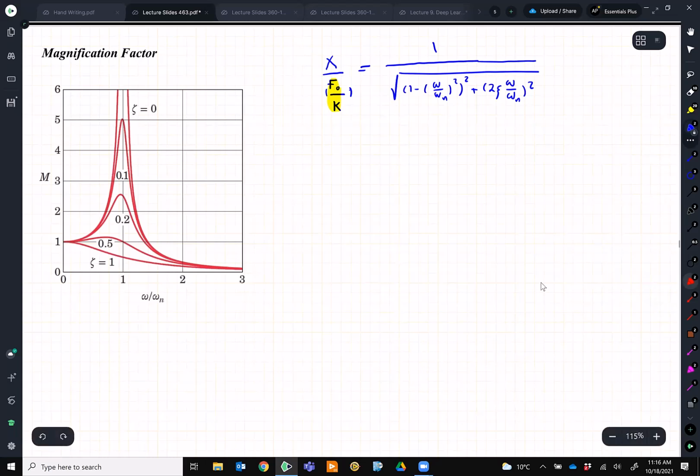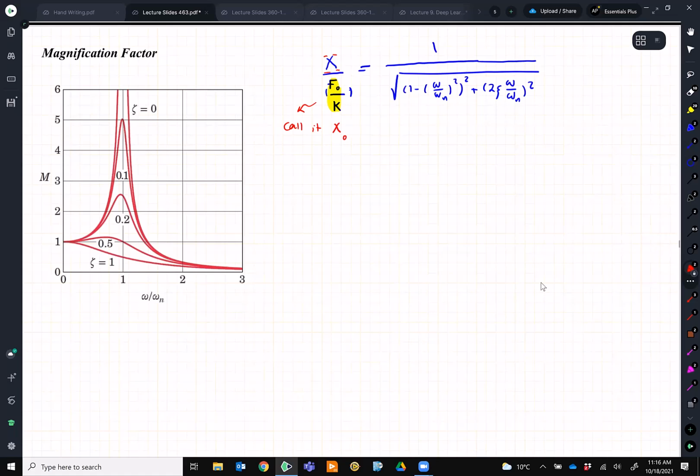If you notice, the left side doesn't have any unit, because X is displacement and F0 over k is displacement. We can call this F0 over k X0, like the amplitude of vibration when there is no actual sine omega t.